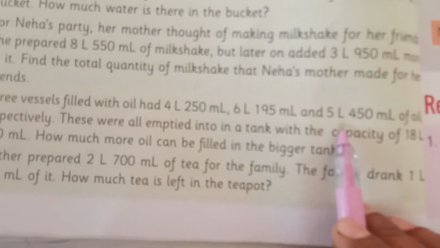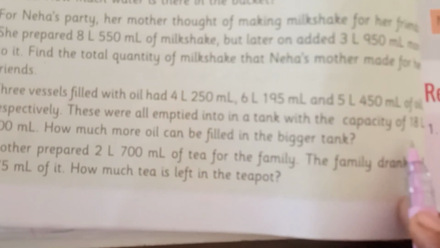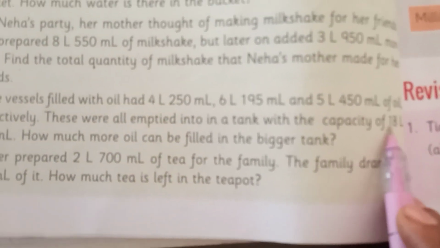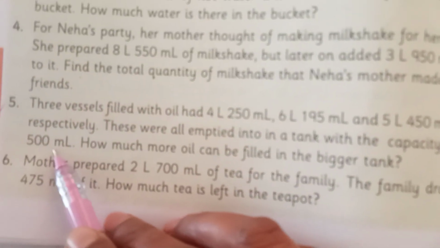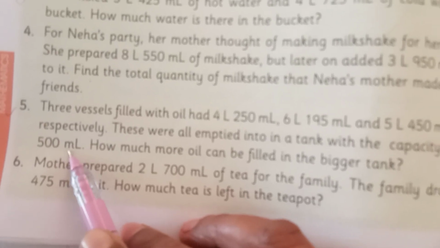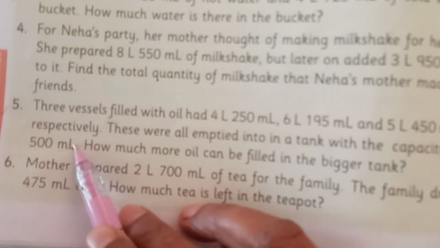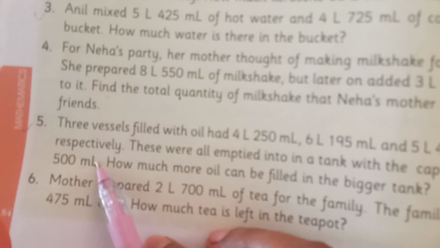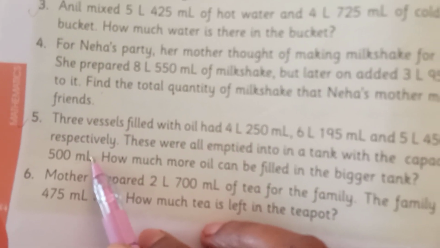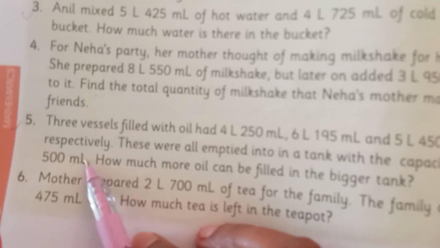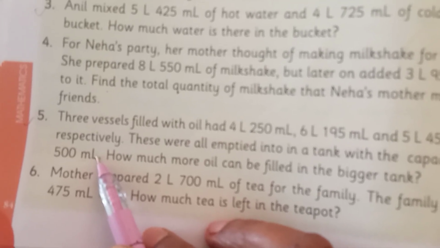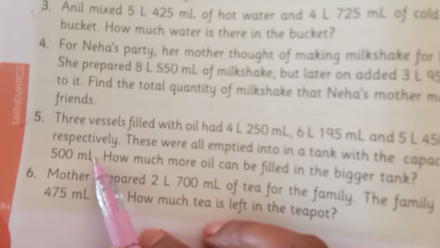Now there is a big tank with capacity 18 liter 500 ml. We empty all these smaller cans into the bigger tank, but still some space is left. So you have to find the left space in the bigger tank.